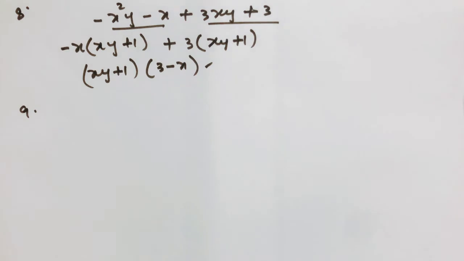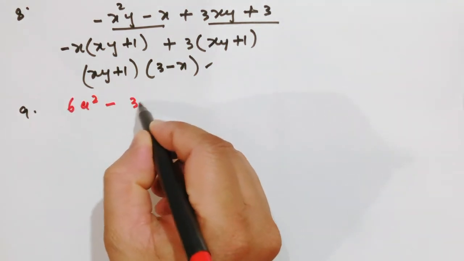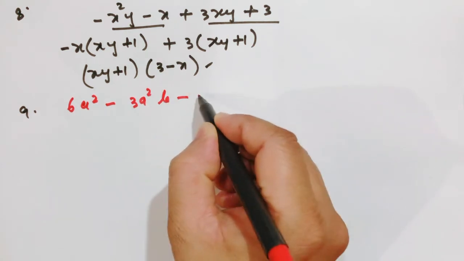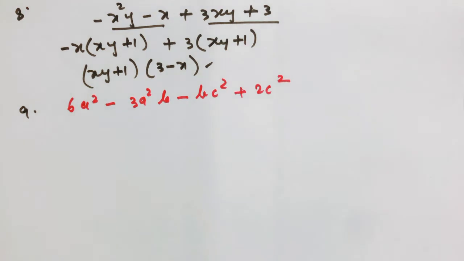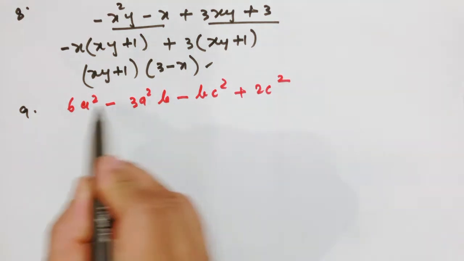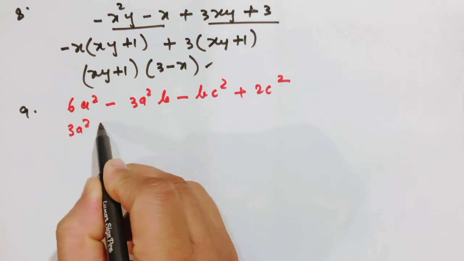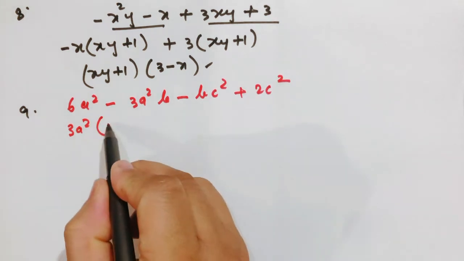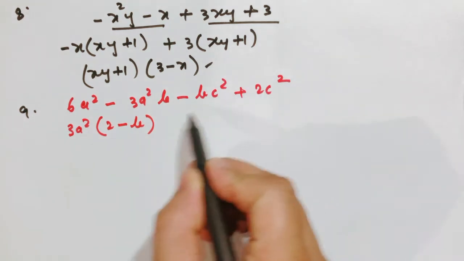Number 9, 6a square minus 3a square b minus bc square plus 2c square. Nothing special, the same thing. Have a look, from these two what are you going to get? If you take 3a square, you will be left with 2 minus b, and similarly from this I have to take minus.